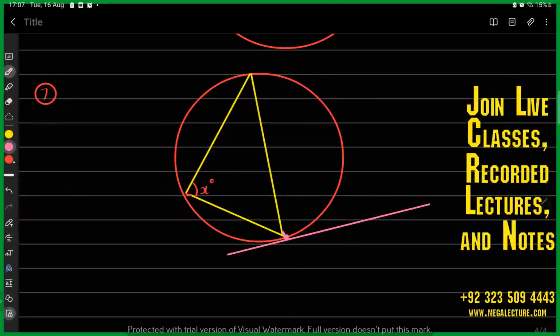The property says this angle right here is also going to be x degrees. So the property says the angle between a tangent and a chord is equal to the opposite angle inscribed by the chord. Let me explain this properly.